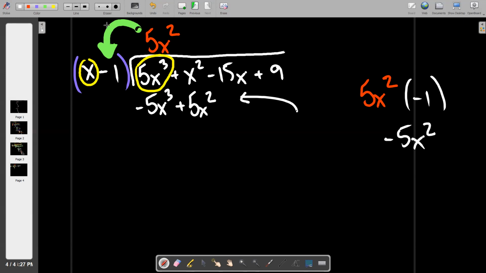Just like here, and you even did this first one for me. Follow big fat yellow arrow. You did this first one for me right here, and you even said negative 5x cubed, didn't you? The answer to my big yellow arrow is positive 5x cubed, obviously, but you knew to make it negative because we changed the signs. So I'm telling you, if you can change a positive to a negative, we can change a negative to a positive.